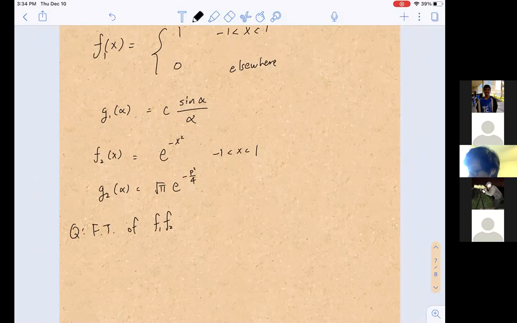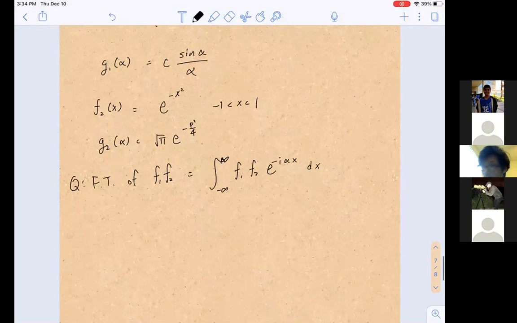Right, so this is equal to the integral from negative infinity to infinity of f1 f2 e to the negative i alpha x dx. Let's not worry about the constant factor.